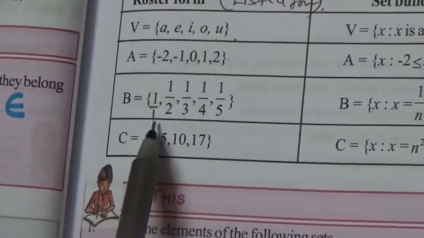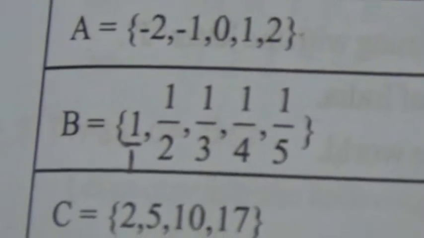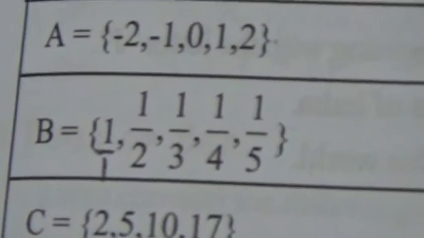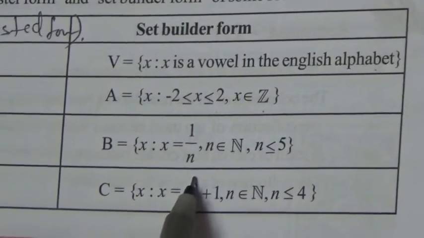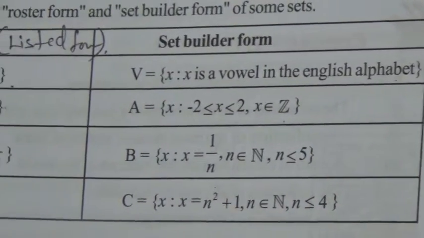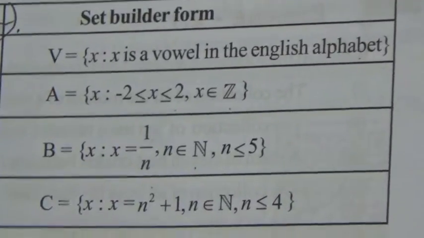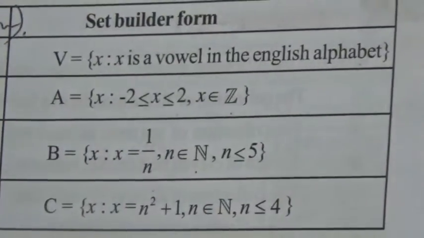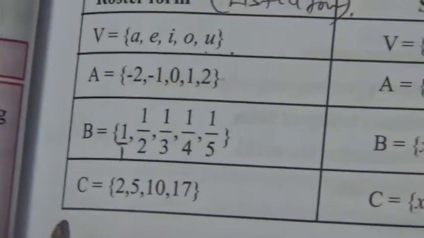In the denominators we have 1, 2, 3, 4, 5. So these all are natural numbers. We know that, right? So B is equal to, how can we convert into the set builder form? That is x colon x is equal to 1/n. Then what is n? Natural numbers. That is n belongs to natural numbers. And up to which number is the set ended? That is up to n less than or equal to 5.